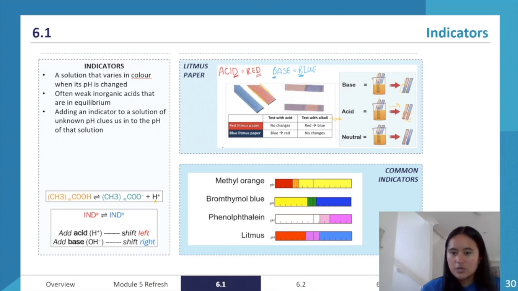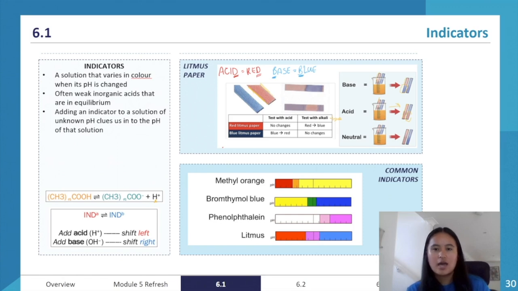But the main ones that you'll hear a lot about are methyl orange, bromothymol blue, phenolphthalein, and litmus. Now, if we compare methyl orange, bromothymol blue, and phenolphthalein, what you'll notice is that the massive change in color, so from red to yellow, from yellow to blue, and from clear to pink, those changes in colors happen at different points in the spectrum of pH. So methyl orange, it happens kind of early.